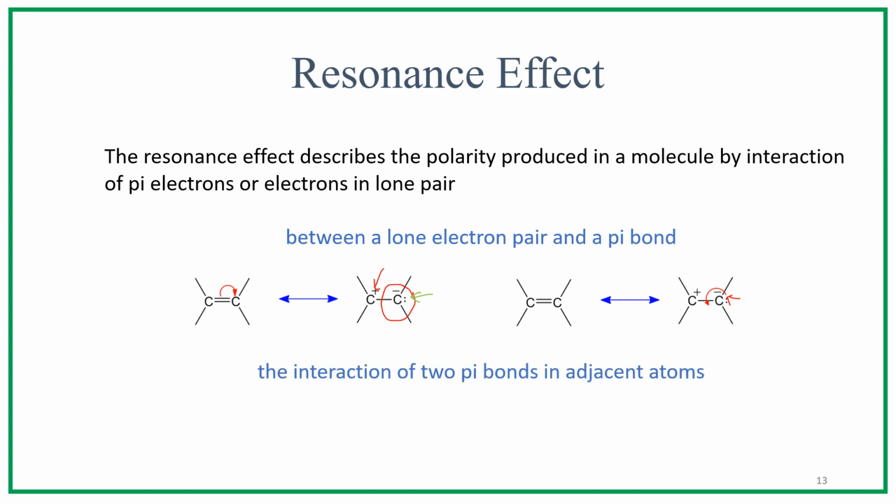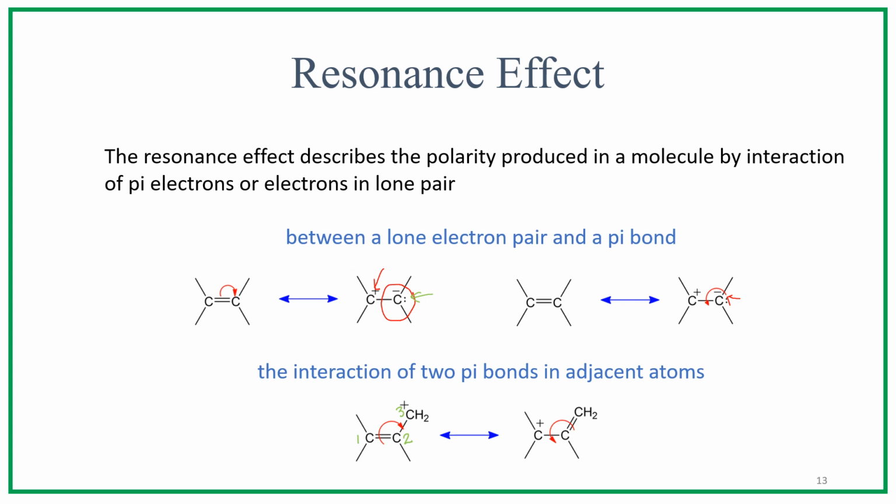Let's take another example, which is the interaction of two pi bonds in adjacent atoms. This is the example. Here let's draw the numbers 1, 2 and 3. In the beginning the pi bond exists between carbon 1 and 2 atoms, then it moves to the 3 and 2 carbon atoms.